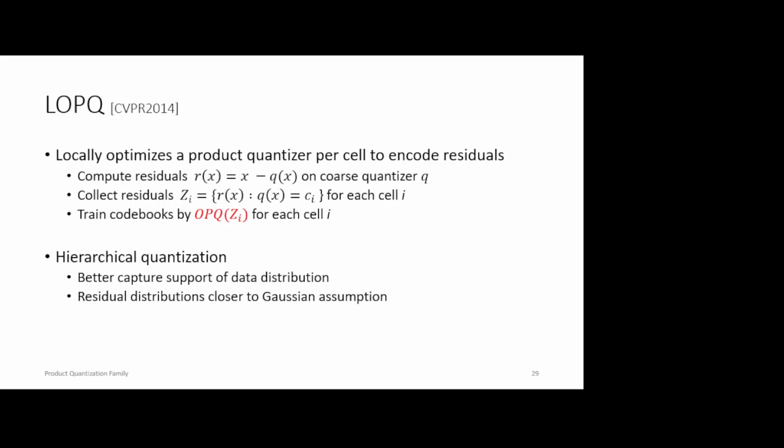This is what we call the residual, using the function R. For all the data assigned to cell i, we collect all the residuals and denote them as Zi. So all the data belong to the i-th cell, the i-th cluster. We collect their residuals Zi, and then train a codebook by using OPQ for each cell.